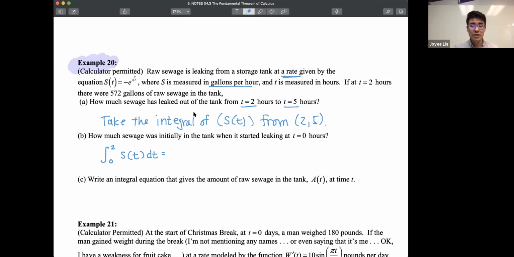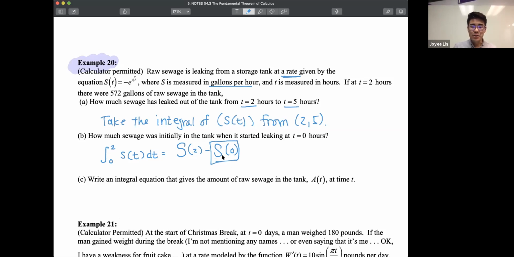So this is the rate function, right? And what is that equal to? This is big S of 2 minus big S of 0. Yeah, and then we want to solve for how much sewage was in the tank, right? We're solving for S of 0.